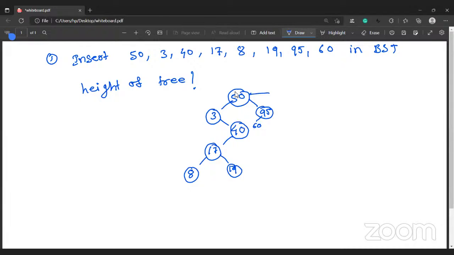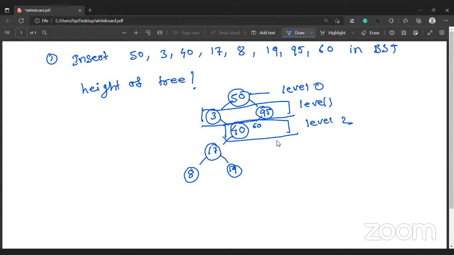So this is level 0. This will be level 1. This will be level 2. This is level 3.